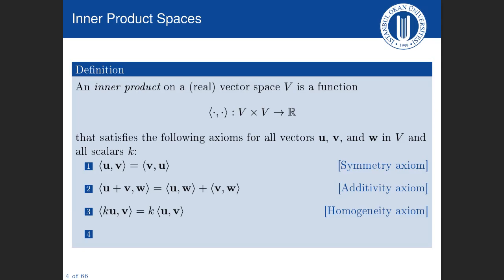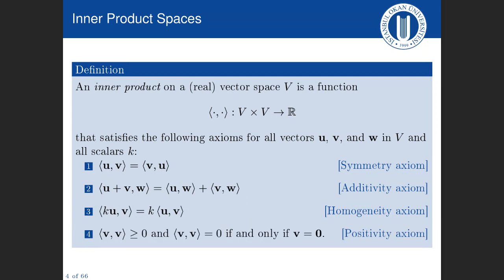If we have a number k in the first position, if the first position is ku, we can always take that number outside of the inner product. If we put 2 and 3 together, that means that our function is a linear function in the first position. So for whichever vector we put in the first position, we have a linear function there.